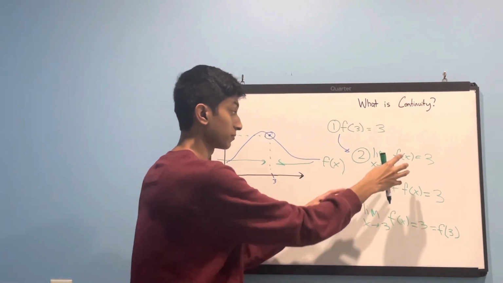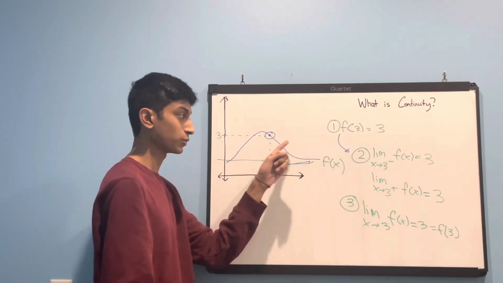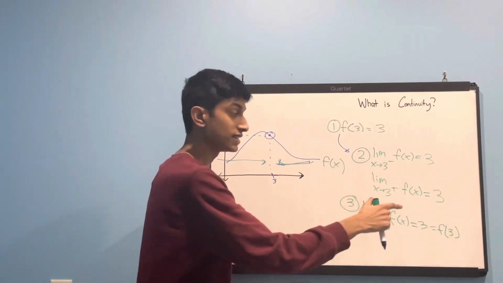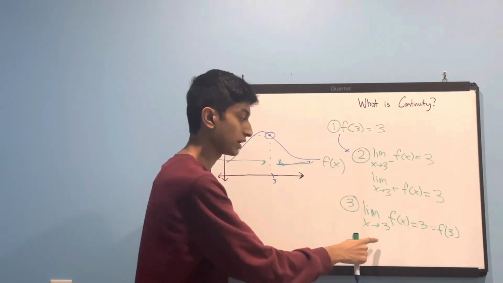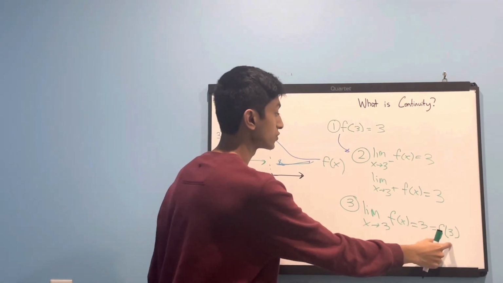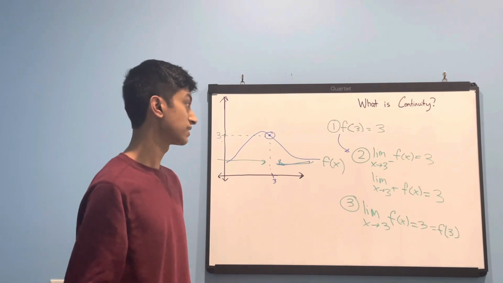Coming from the positive side, all the way here, also equals 3. Then in our third step, since these two are the same, we can write the limit of x approaching 3 equals 3, and that's also equal to f of 3. Since they're all the same, this is continuous.